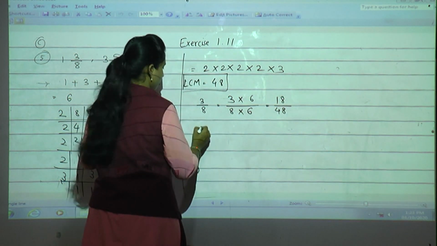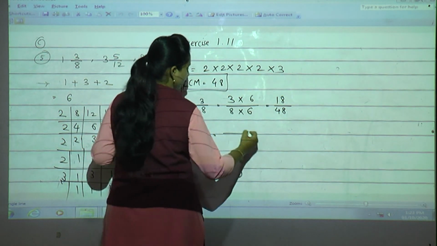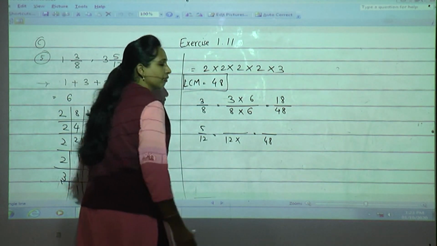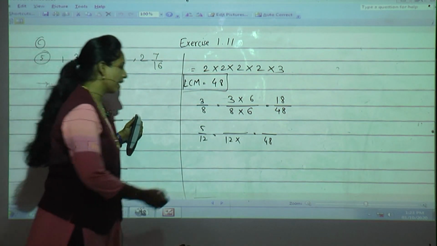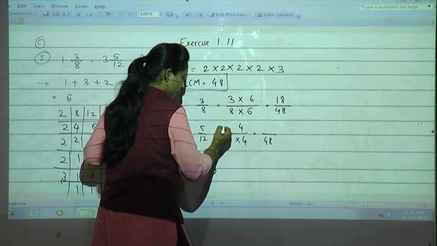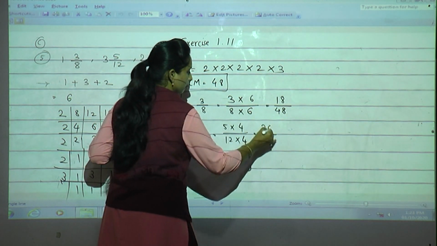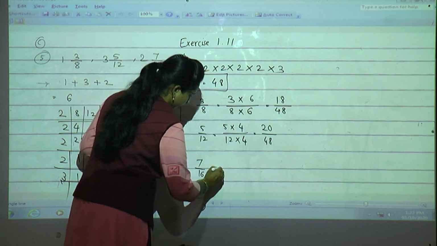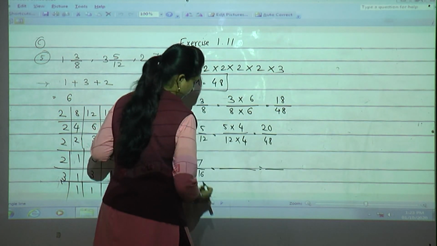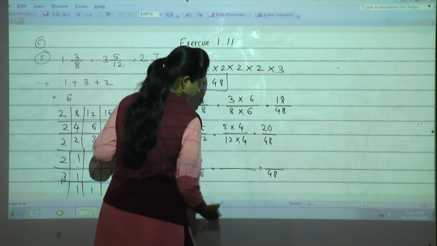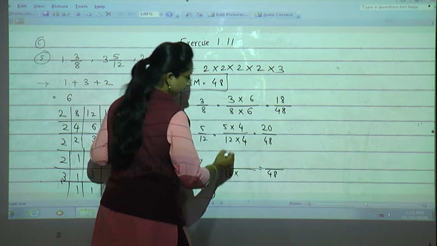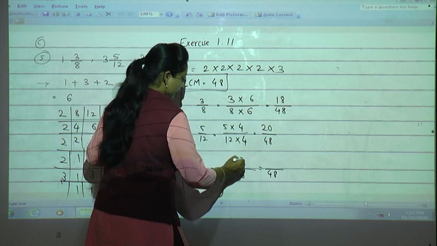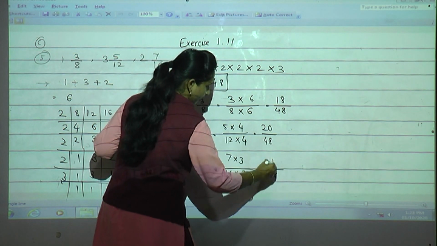Now next 5 by 12. Here 48 should come. Now tell me 12 what's are 48? 12 4s are 48. So 4 here also. 5 4s are 20. Now the next 7 upon 16. Now here what should come? 48. So 16 what's are 48? Yes, 16 3s are 48. So here also 3, 7 3s are 21.